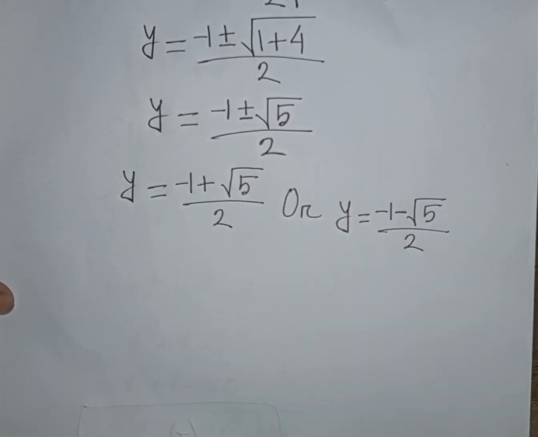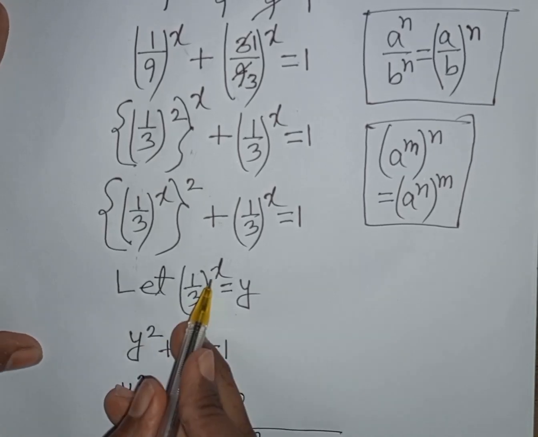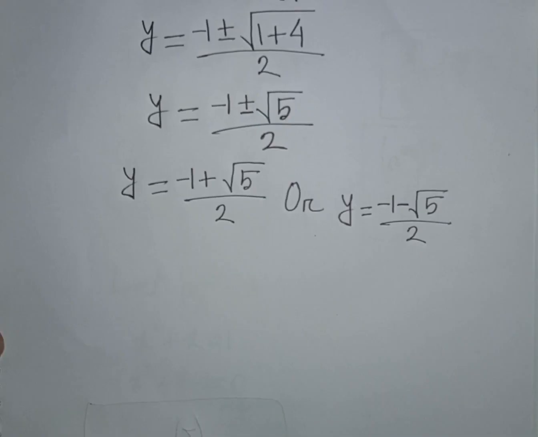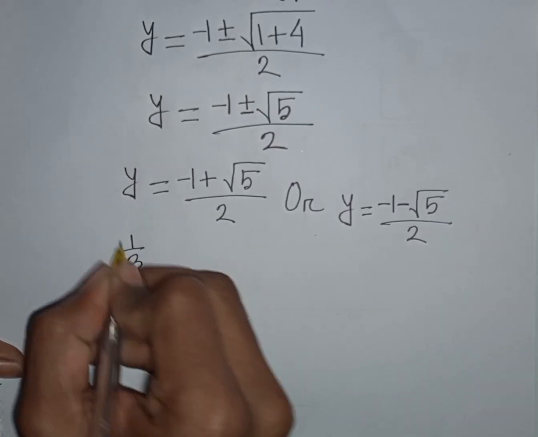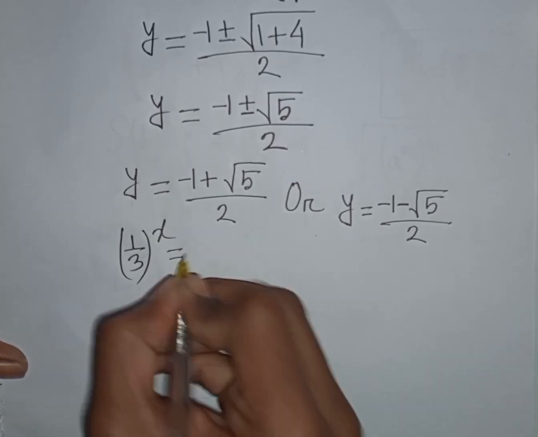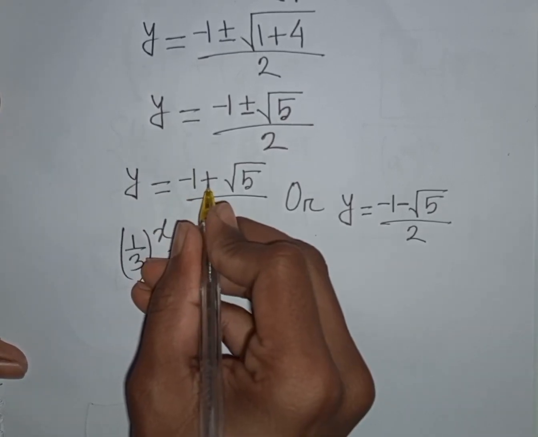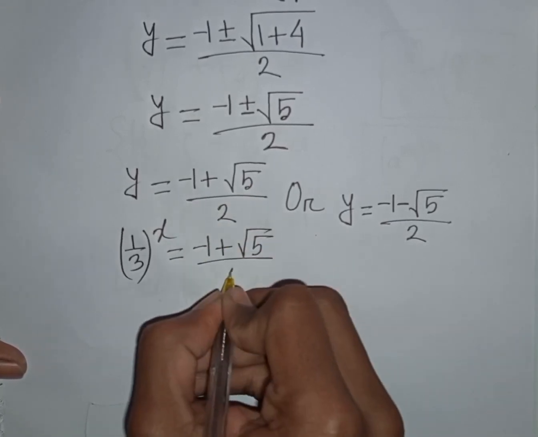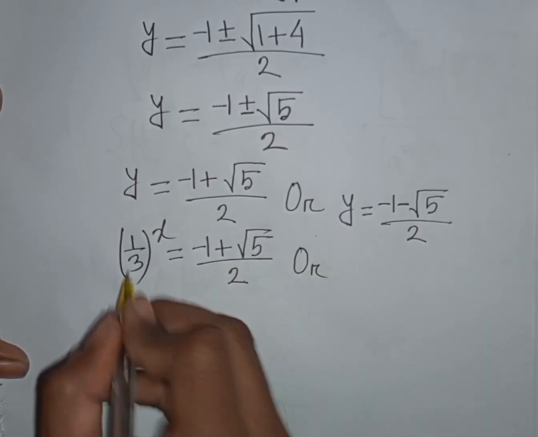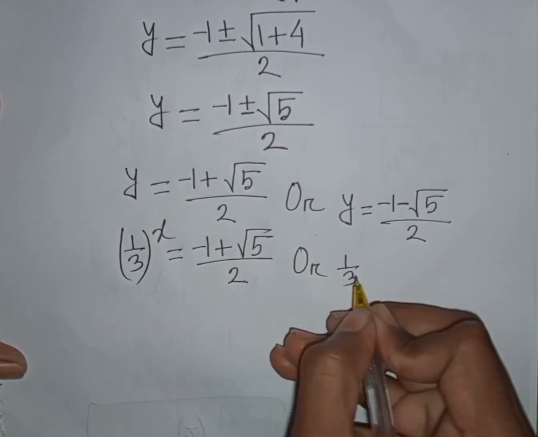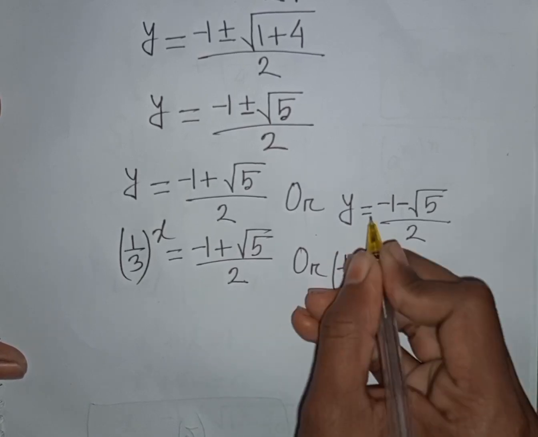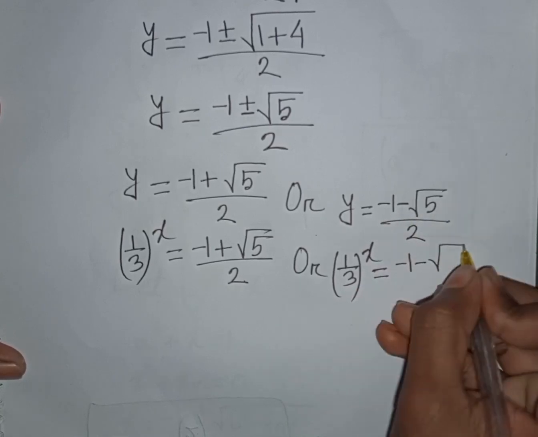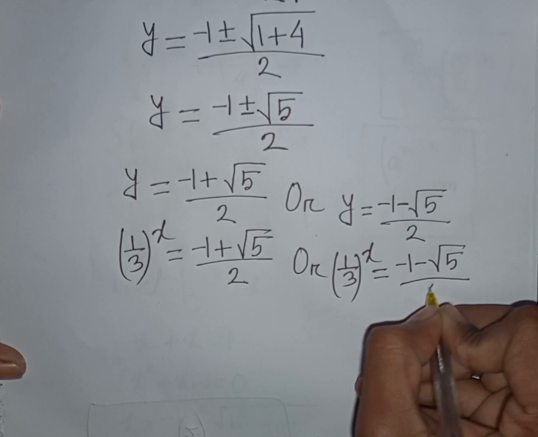Now remember that we let (1/3)^x be substituted by y. So y means (1/3)^x. So (1/3)^x is equal to (minus 1 plus square root of 5) divided by 2, or (1/3)^x is equal to (minus 1 minus square root of 5) divided by 2.